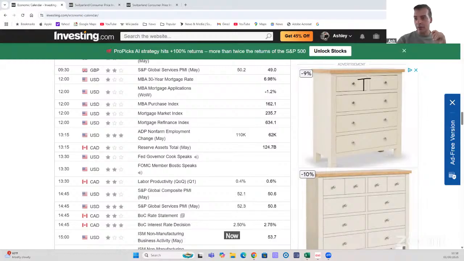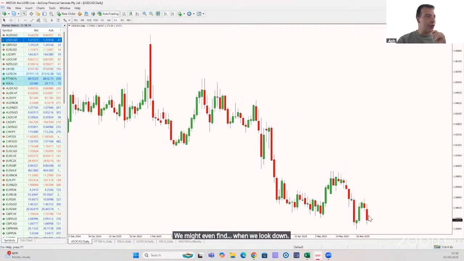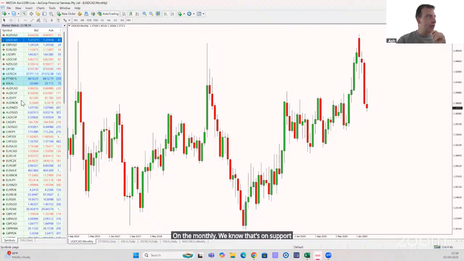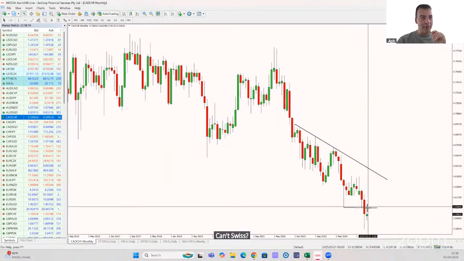Now, if we bring this back up again, we might even find, when we look down, we know the dollar CAD is on support on the monthly. CAD Swiss attempted to get back above the level but failed.